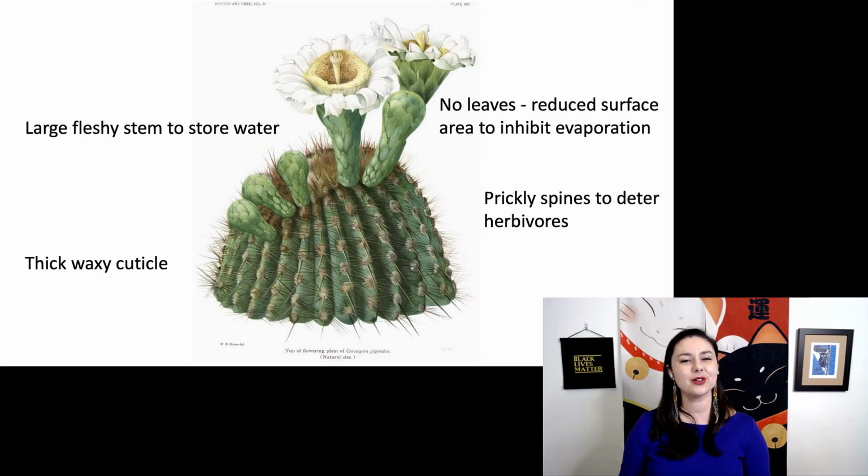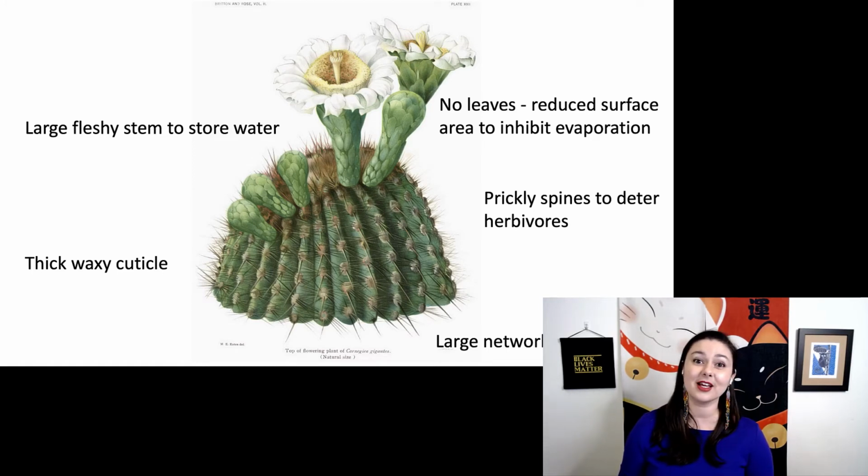It also has prickly spines because it wants to deter herbivores from eating it. And it also has a large network of roots, which we can't see underground, to trap as much water as possible. So whenever we're looking at any organism, plant, animal, bacteria, we tend to find really helpful qualities or adaptations that help them survive in the environment in which they live.